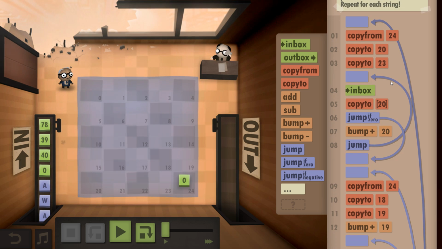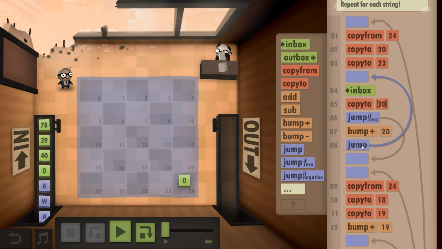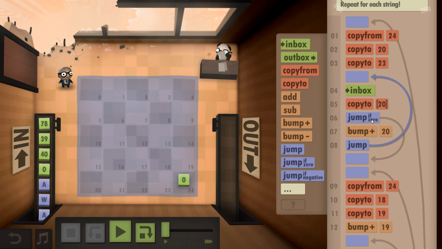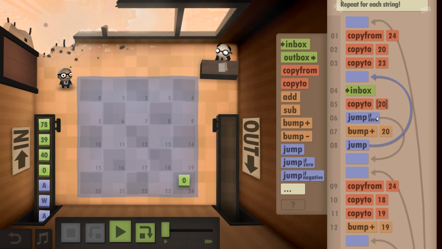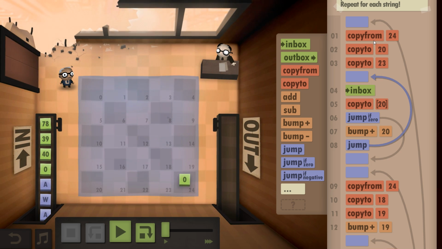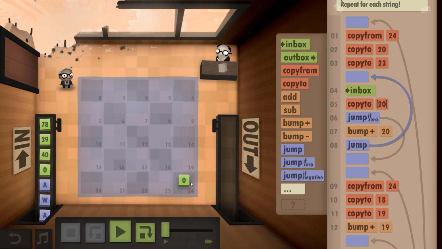Alright, so let's look for obvious things. Yeah, that's just copying everything until I hit a 0 and then I jump out. That seems very efficient. Copy from 24 to 20, set up the counter that I'm using here.